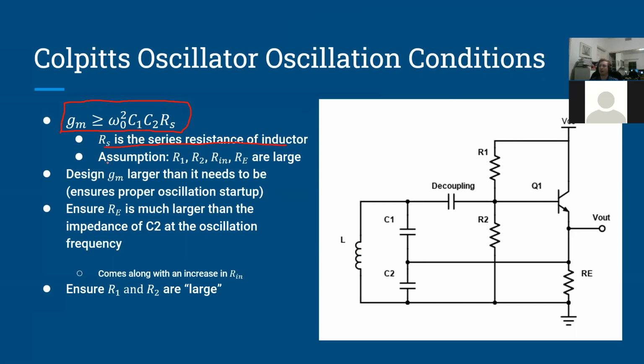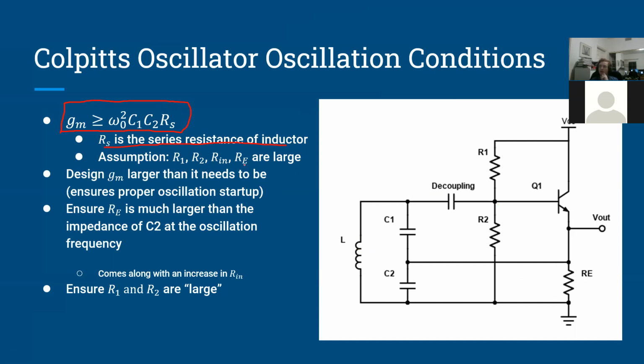So anyway, the assumptions here: R1 and R2 are large, which I said earlier. And we make RE on the larger side, and I'll say exactly how large. When you make RE large, remember that makes the input resistance of the common collector amplifier larger, because we have that beta plus 1 times RE term in the input resistance.